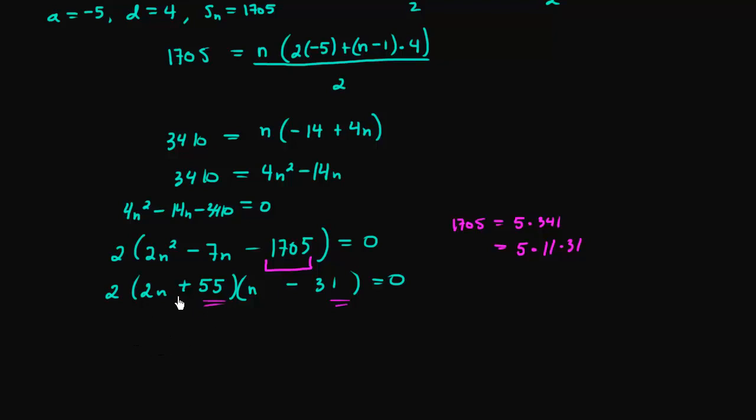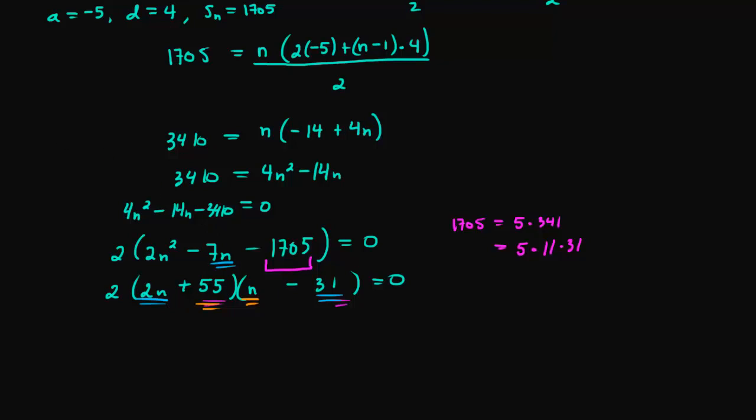If we expand this, the middle term would come from 55 times n, which is 55n, plus 2n times negative 31. So we'd have 55n minus 62n, which is negative 7n, which is the middle term. So we've factored this correctly.